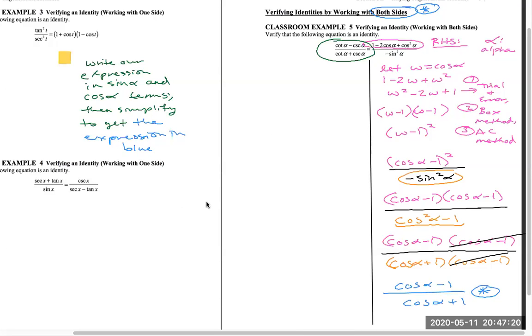Okay, so over here, remember cotangent is cosine over sine, and you still need the argument of alpha in there for both. Minus cosecant alpha, that's 1 over sine alpha. Cotangent alpha shows up again. Plus cosecant alpha, 1 over sine alpha.